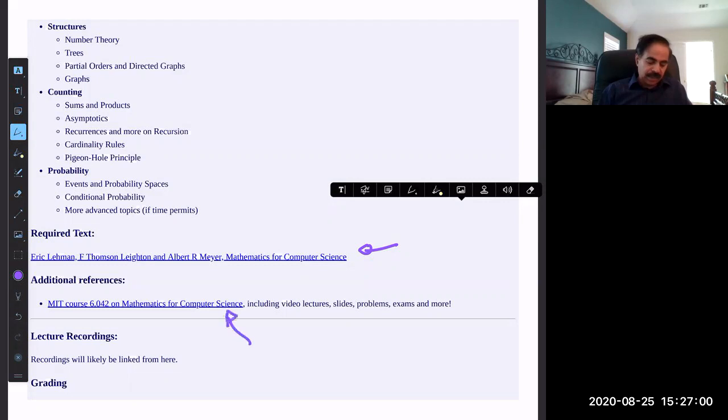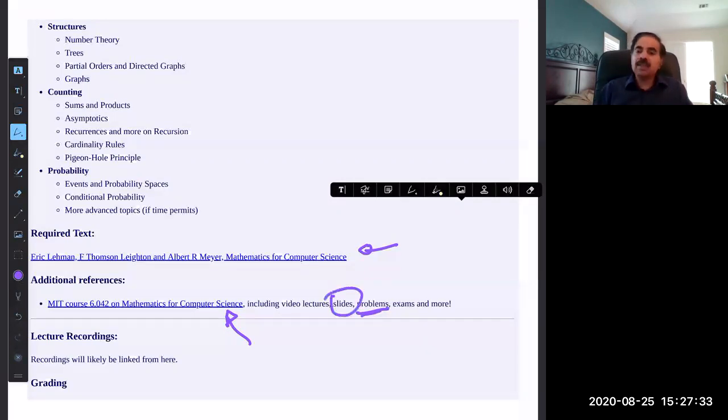Then there is also this course material from MIT, which includes a lot of lecture slides and videos and so on. All of that is quite useful, and if you have time, by all means, you should go look at that. But realistically, you may not have a lot of time to look at the video lectures. But if you're interested, definitely look at the problems, right? The problems are interesting.